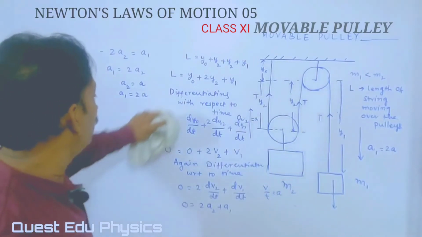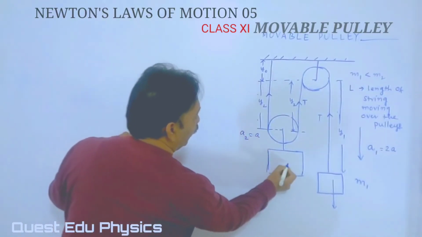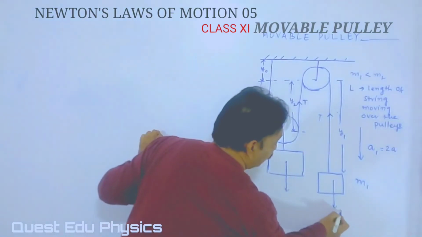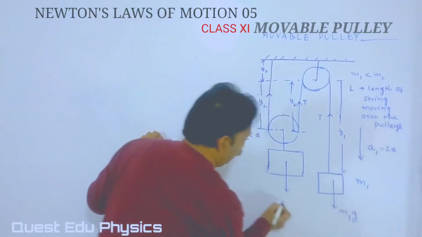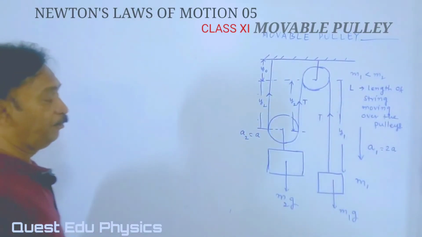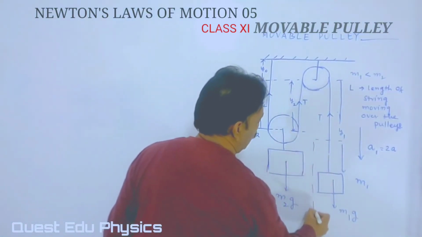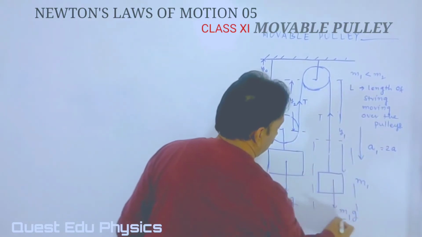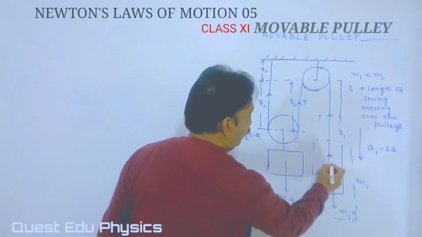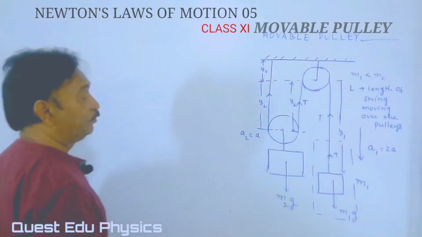Okay, students, here we got a2 as a. And now if you draw the free body diagrams, it is M1g and it is M2g, students. If you draw the free body diagram of this one, the difference between the weight as well as the tension provides the acceleration.